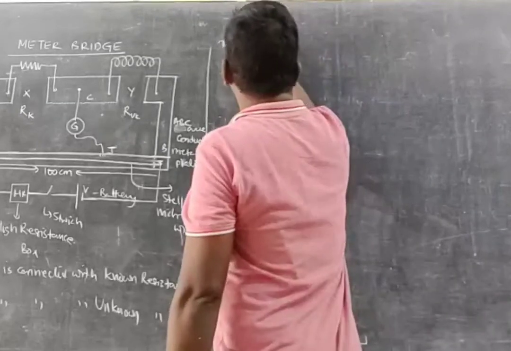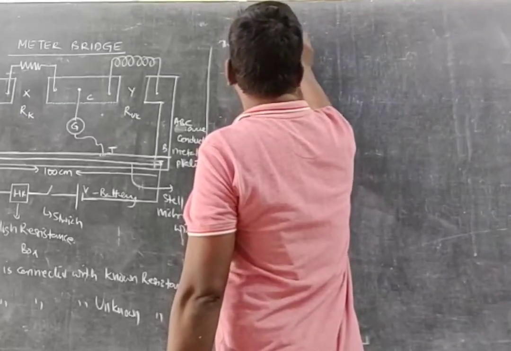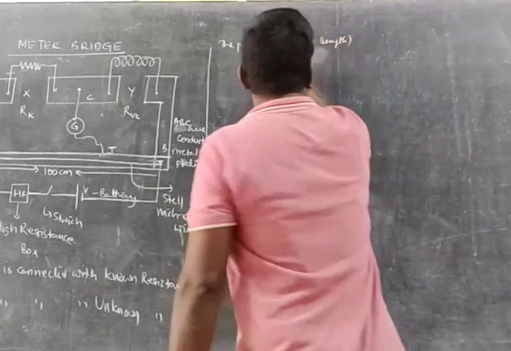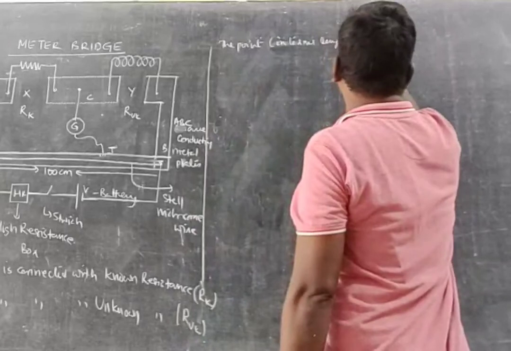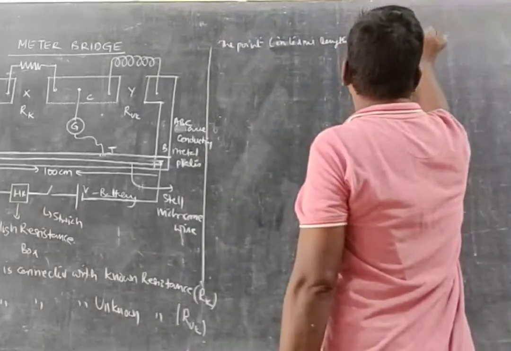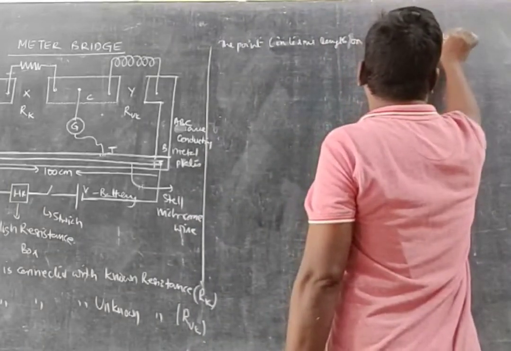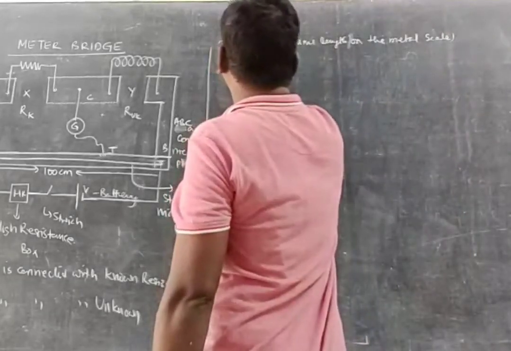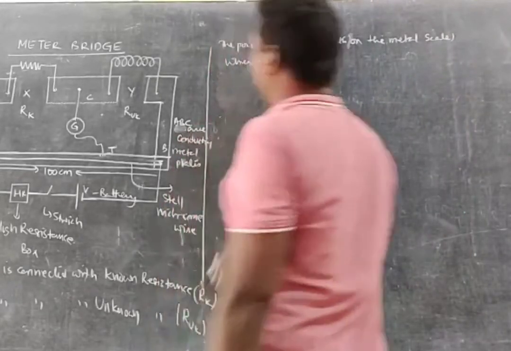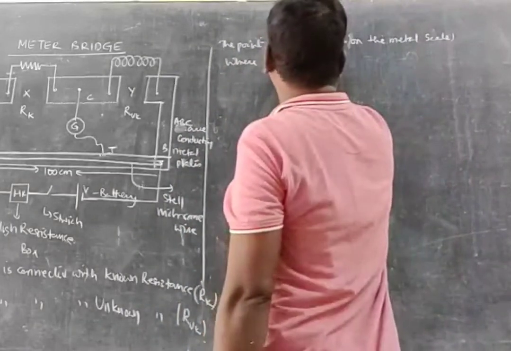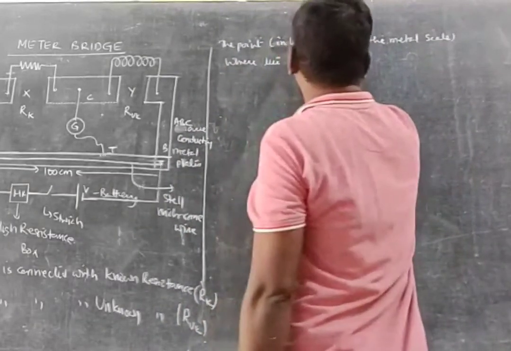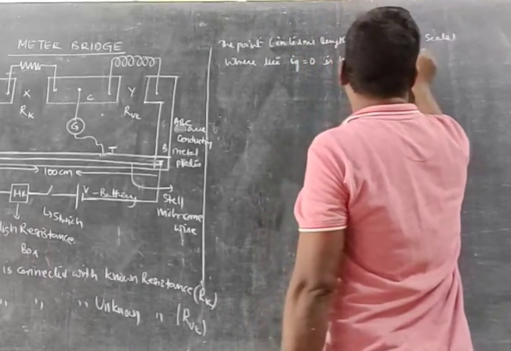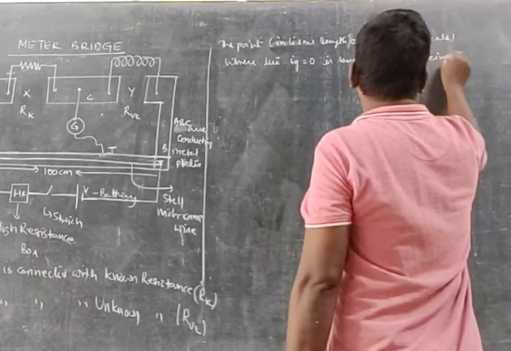On the meter scale, the point where the galvanometer current is 0 is known as the balancing point.